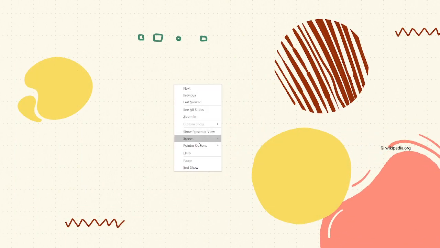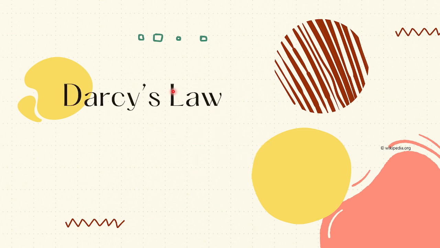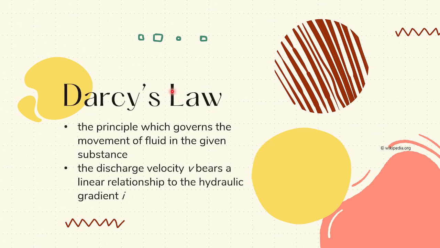So now let's proceed to Darcy's law. This law states that the discharge velocity V bears a linear relationship to the hydraulic gradient I. So it governs the movement of fluid in a given substance.